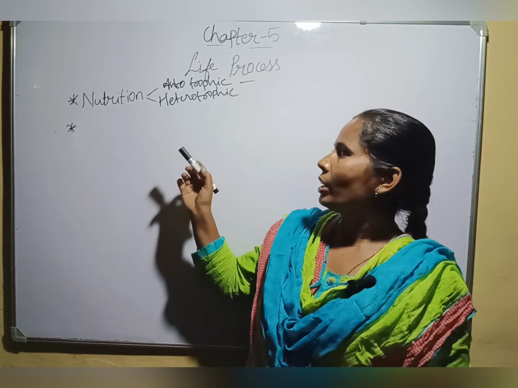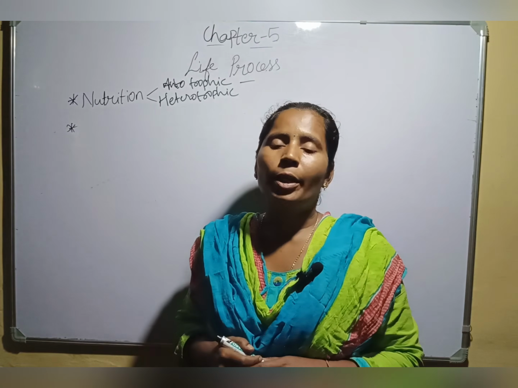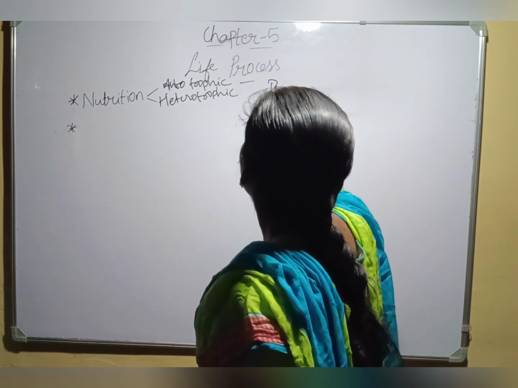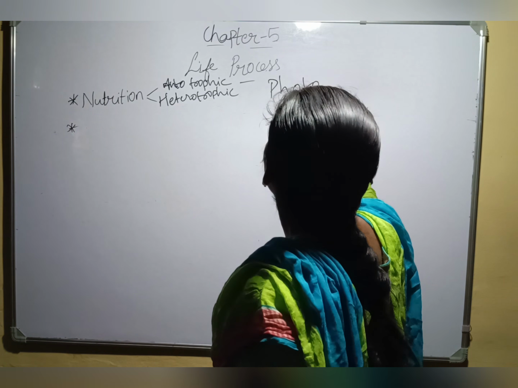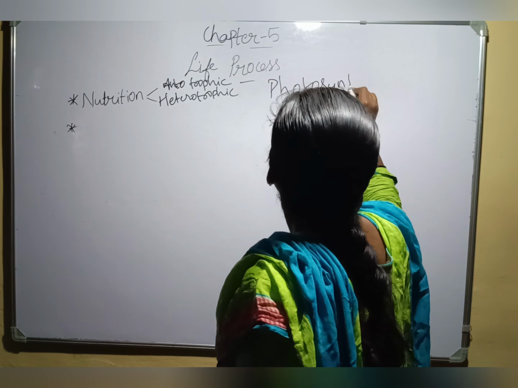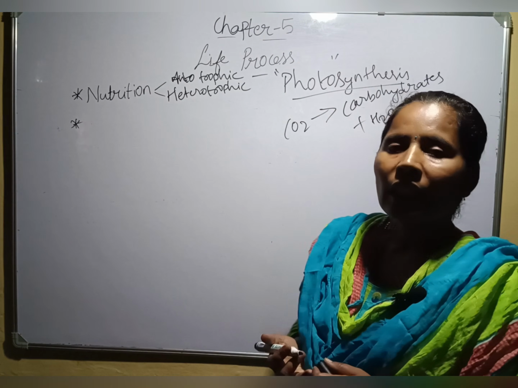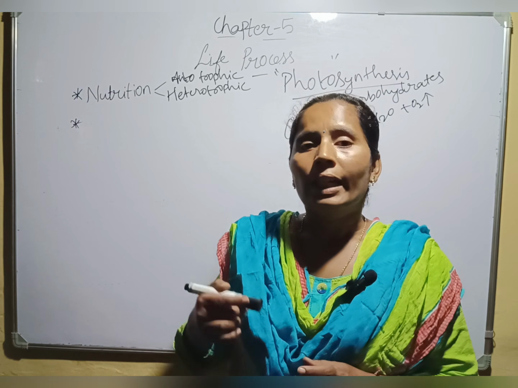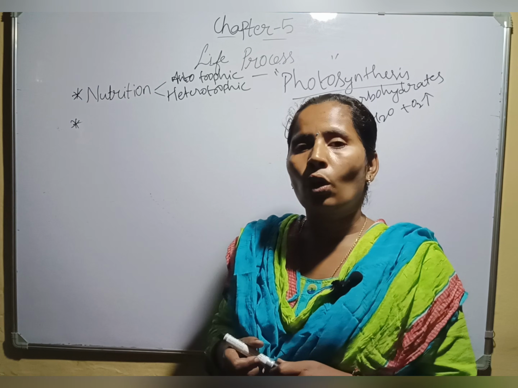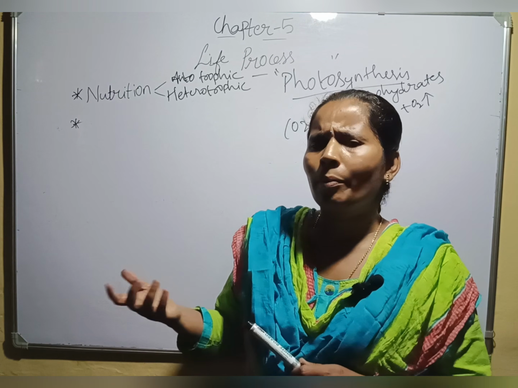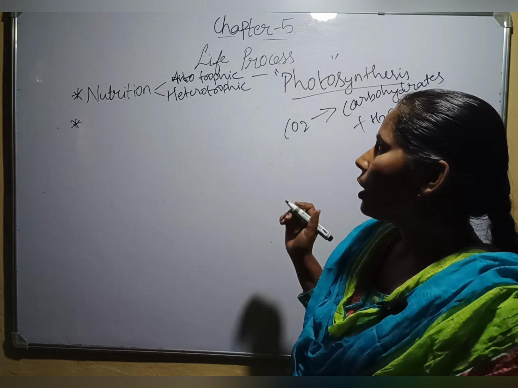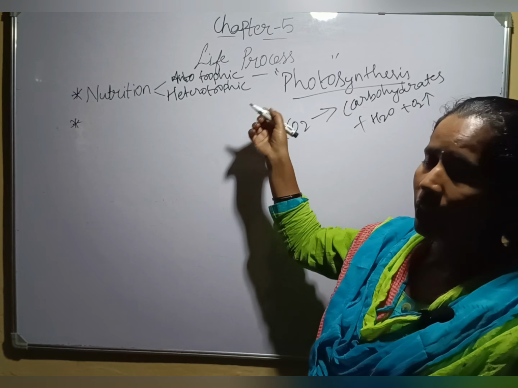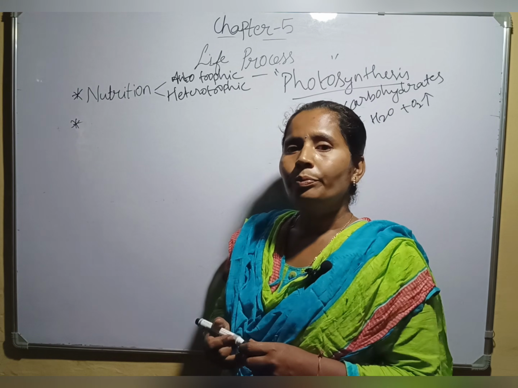Autotrophic nutrition we can find in plants, where they prepare their own food by the process called photosynthesis. During photosynthesis, it converts carbon dioxide and water molecules and minerals in the presence of sunlight into glucose plus oxygen and some excess amount of water. So this is called photosynthesis, which takes place in autotrophic nutrition, that is present in plants.